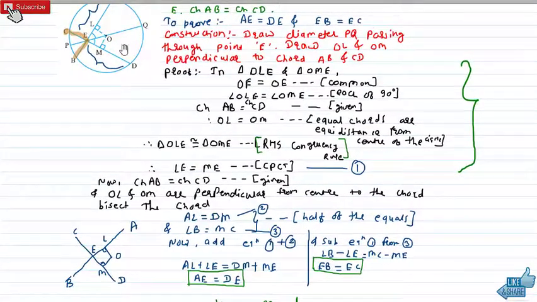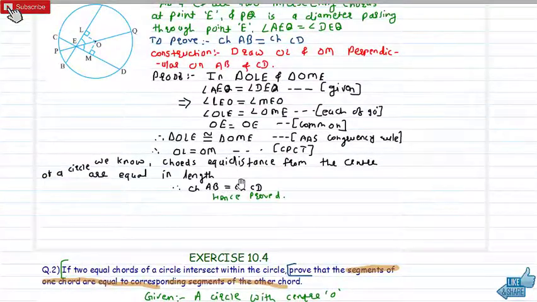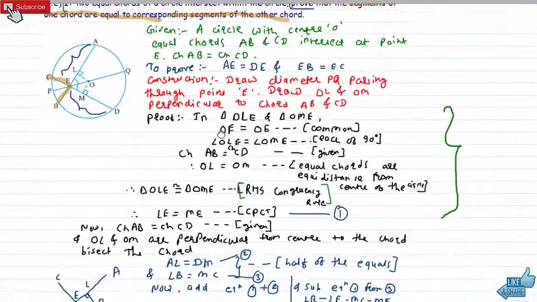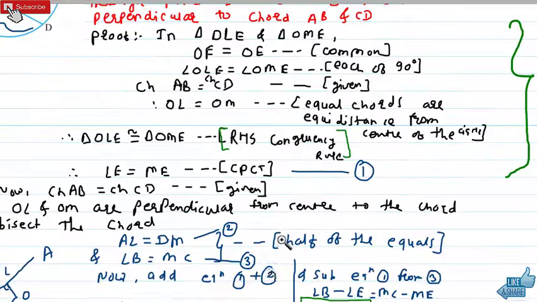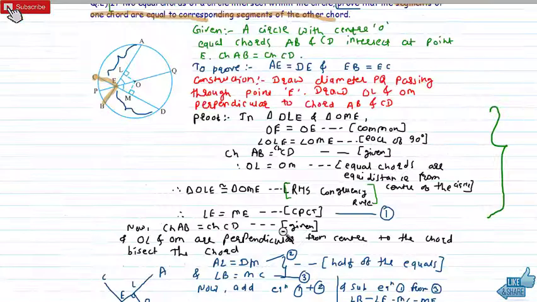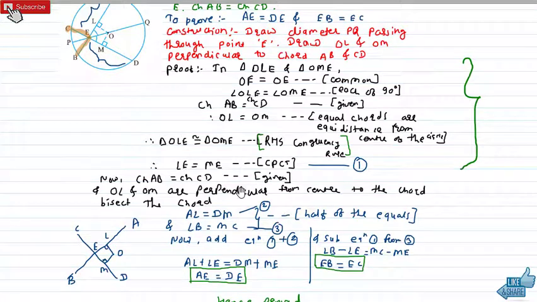Only the second one is extended. Here also we show the triangles are congruent, and by using CPCT we show the chords are equal. The same we have to use here. I hope you understand these three examples. Now just practice these three examples, and please watch the theorem video. If you understand the theorem, then only you can solve these examples. Otherwise you cannot. You have to understand the theorem first.